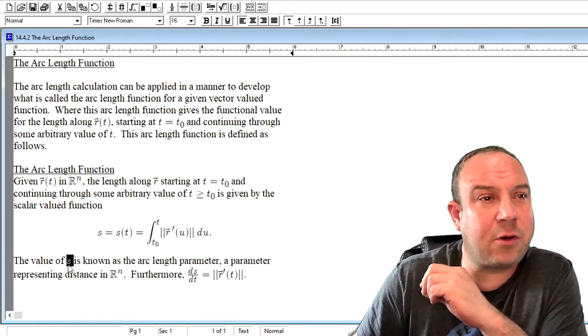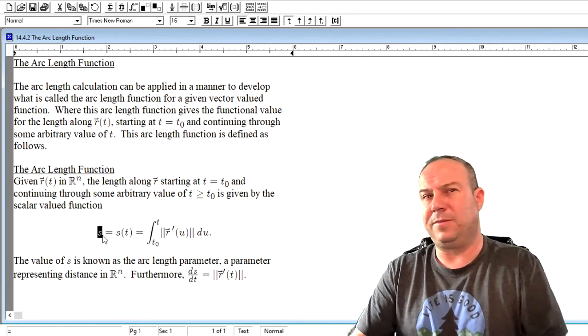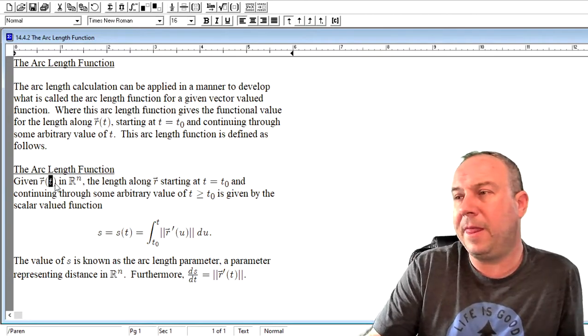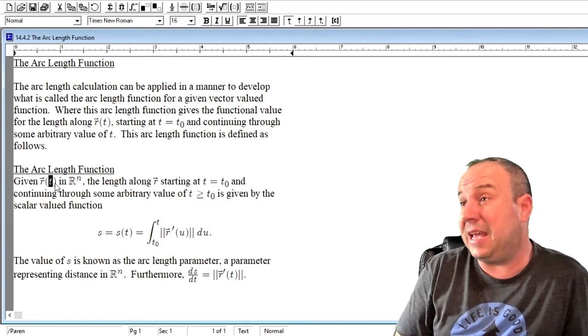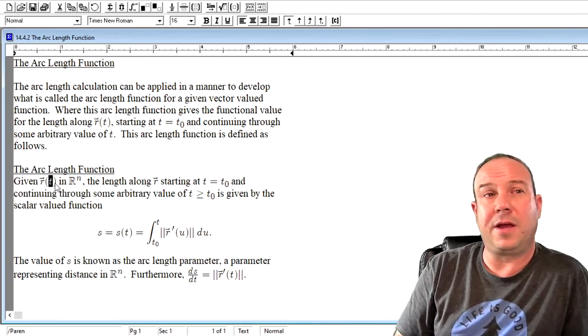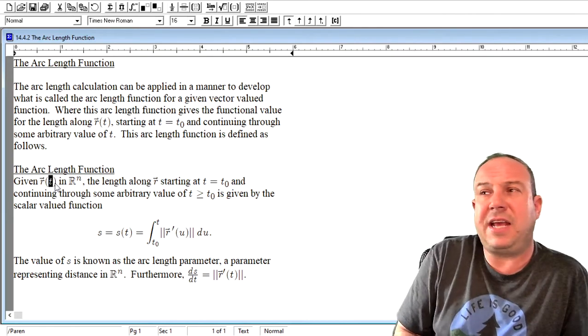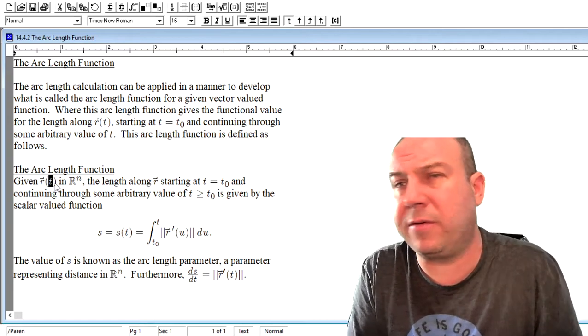Some other things we take note of on this is that value of s, that's your arc length parameter. If t is any arbitrary parameter, the value of s in our study is going to stand for the arc length parameter, right? It's a parameter value that stands for a length. We've encountered other parameter values.